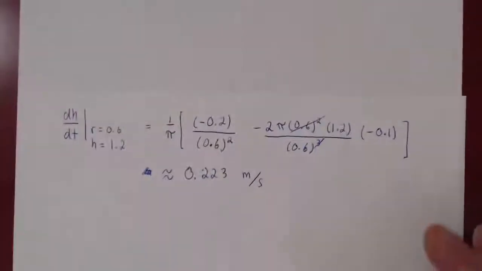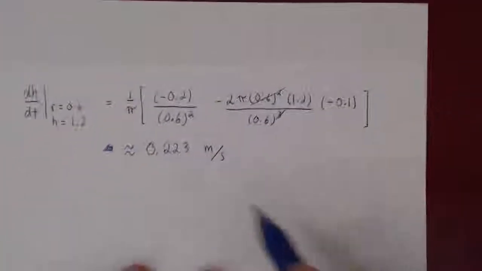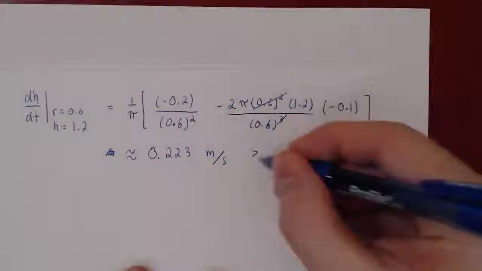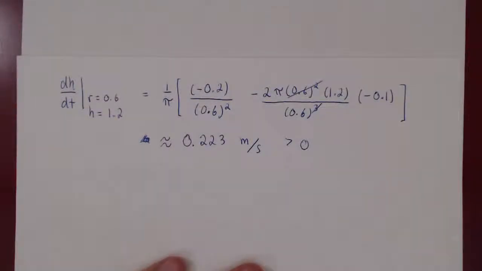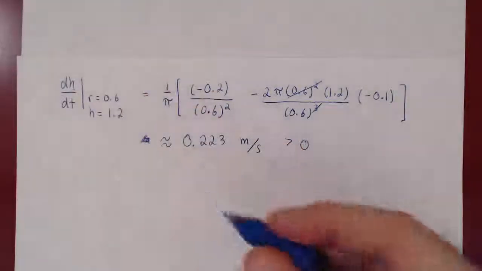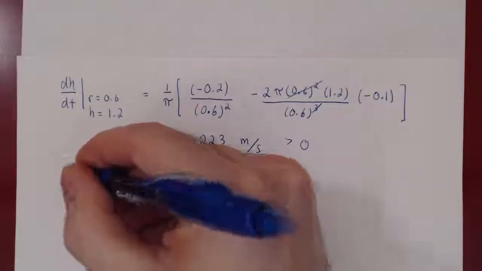Well, we have a positive rate of change, and a positive rate of change means that the derivative is positive, therefore the slope of the tangent line is positive, therefore the function is increasing. So the height is increasing at this time.